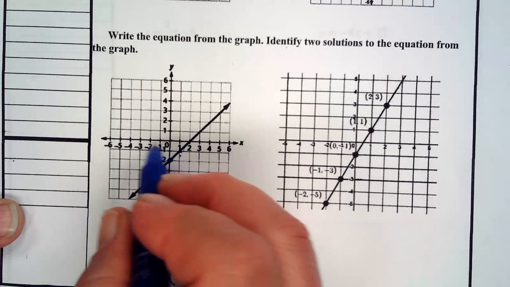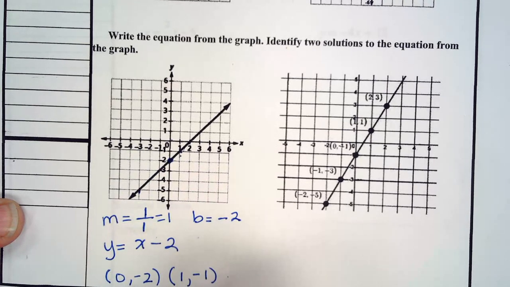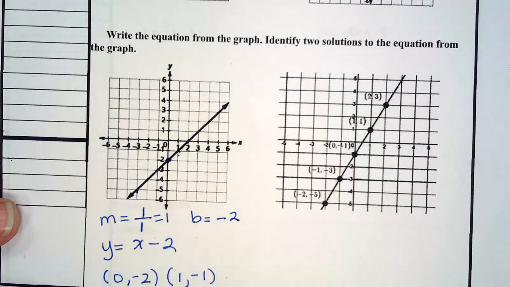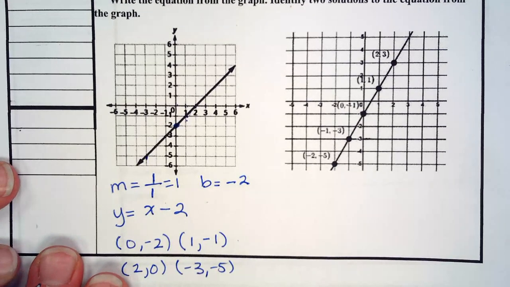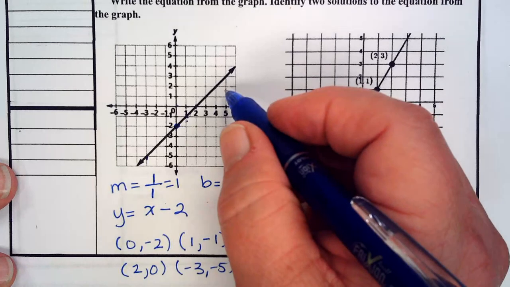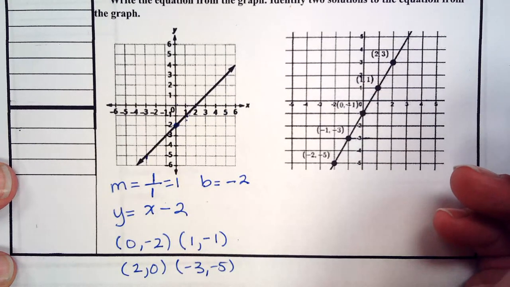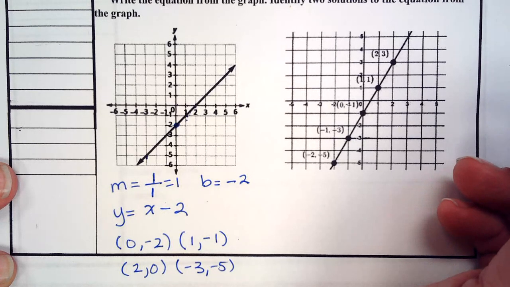This is -3, -5. All of those are solutions to the equation. So what you're looking for are those corners of the boxes, and every one is a solution. Every point on a line is a solution. So every line has an infinite number of solutions because they go on forever.